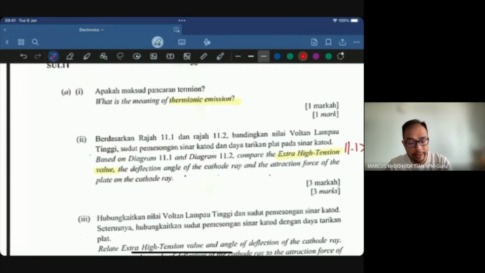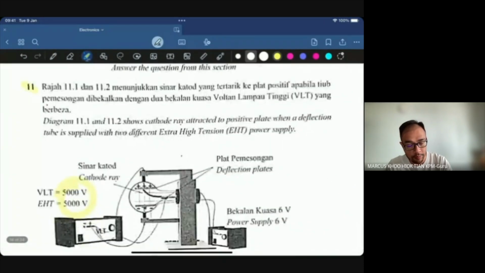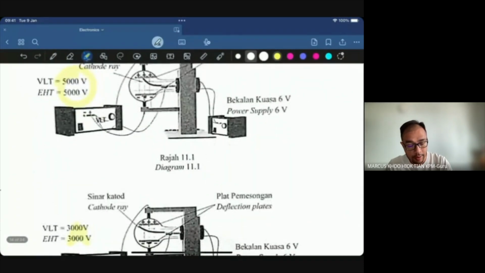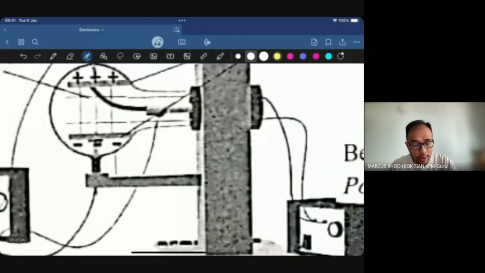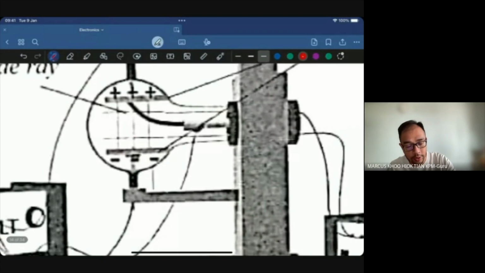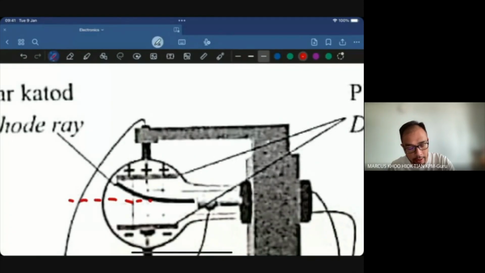Next, the deflection angle of the cathode ray. If you want to look at the deflection angle, what you do is draw a straight line over here and look at this angle, compared to a straight line over here and look at this angle.